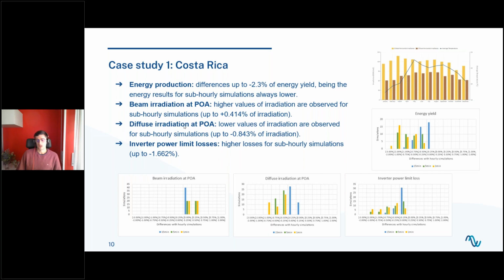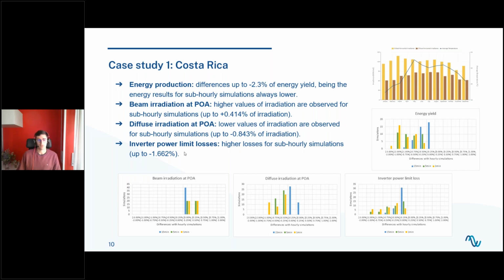For the diffuse irradiation, we observed the opposite. We observed that there were always lower values of irradiation for sub-hourly simulations, and that these differences accounted for up to minus 0.8% of irradiation.